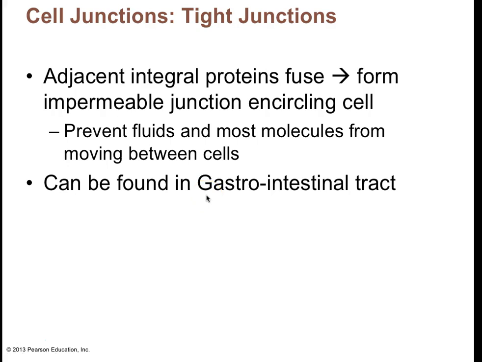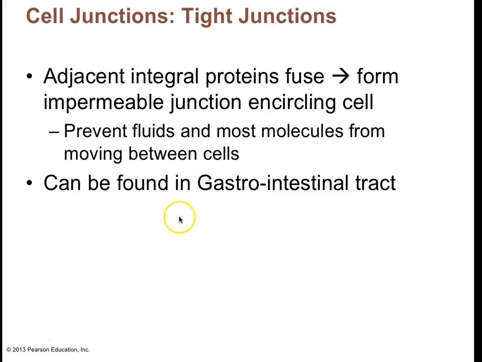If you did not have these tight junctions made up of proteins that would allow the cells in the gastrointestinal tract to have an impermeable barrier and prevent fluids from moving, then every time you drank a glass of water, it would leak out into the rest of the body. Every time you ate a sandwich, parts of the sandwich would leak out into the body. It doesn't happen. The water travels through the gastrointestinal tract from the mouth to either the urinary system, into the urine, or into the feces. It doesn't leak.